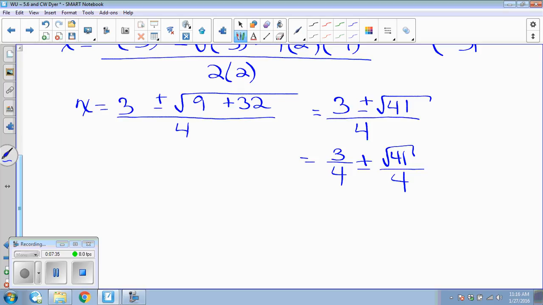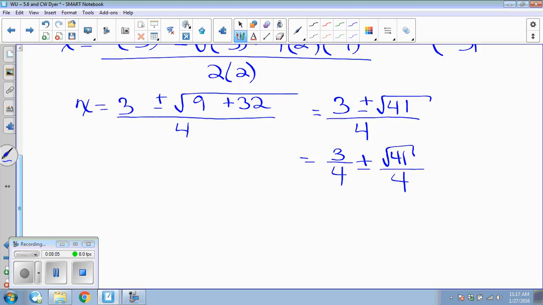A lot of the time when you're doing the quadratic formula, you will want to write it like this in case you can reduce any fractions. Okay? In case you can simplify further. Now, this is telling us that the 2 points where it crosses the x-axis are at 3/4 plus the square root of 41 over 4 and 3/4 minus the square root of 41 over 4.